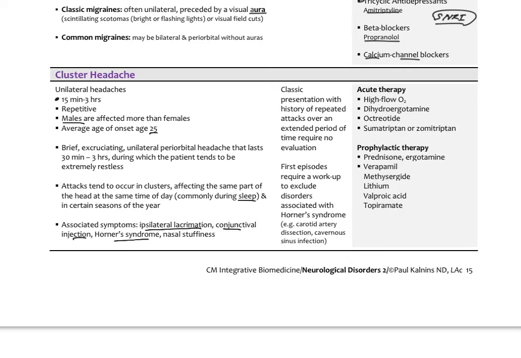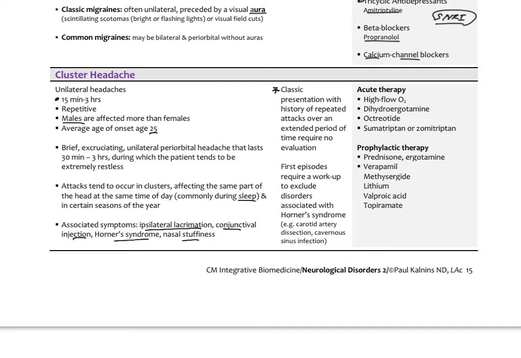Horner's syndrome, where there's actually changes in the sweating and eyelid drooping on that side of the eye as well. And then nasal stuffiness. And this has to do with activation of the autonomic nerves that innervate these regions. So the classic presentation is a headache, history of repeated attacks over an extended period of time, and usually we don't need any further evaluation.